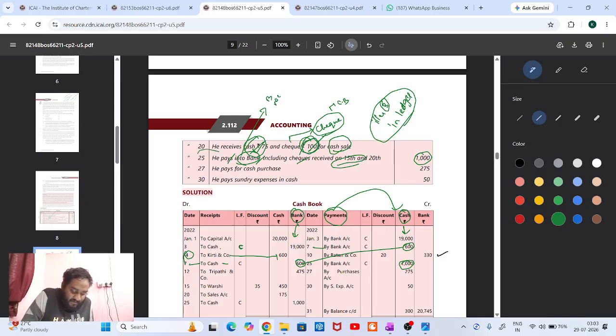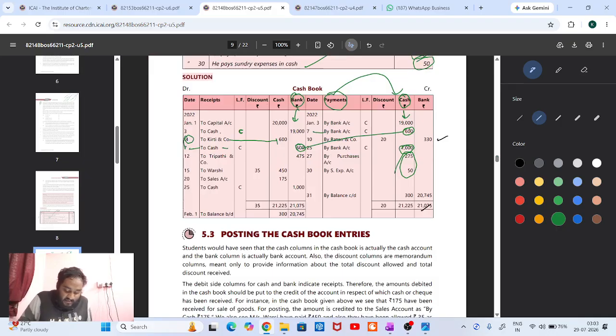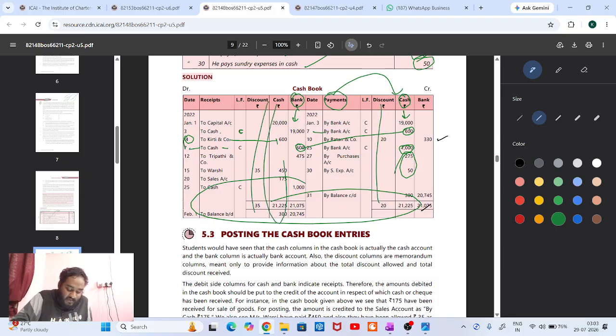Okay, he pays into bank, not that he paid to other parties. He pays cash purchase, which is an expense. He pays sundry expenses, which is also an expense, right? And this is all you can do. Never balance discount. Balance cash balances, balance bank balances, and then to balance carried down, and then by balance brought down.